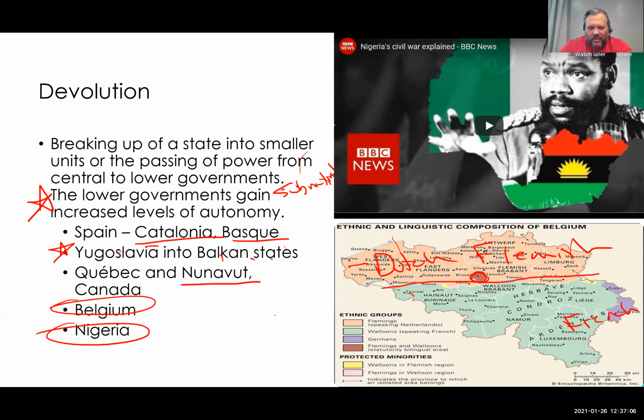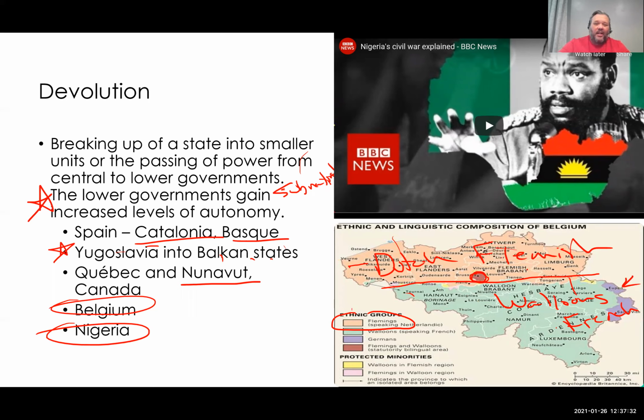So we're looking at Flemish speaking groups, and then Walloons is down here, and so each group has relative autonomy, and so again the country's kind of broken up even more, and we can see over here this is the German speaking part of it, and then we have different groups within different parts. So there's yellow and the pink.